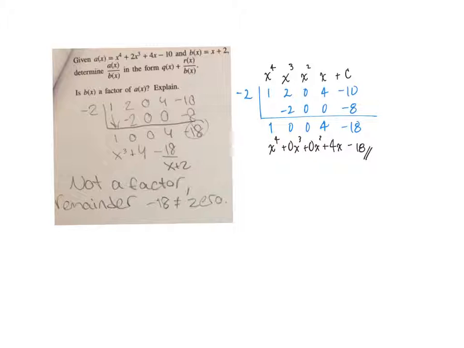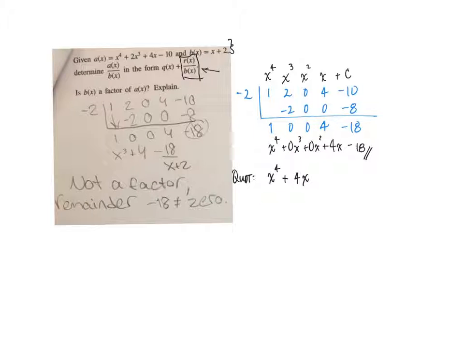But we can write our quotient as x to the fourth plus 4x, and then our remainder term. You see how up above they ask for a remainder term over b over x. Well, b over x, they tell us up here, is x plus 2.